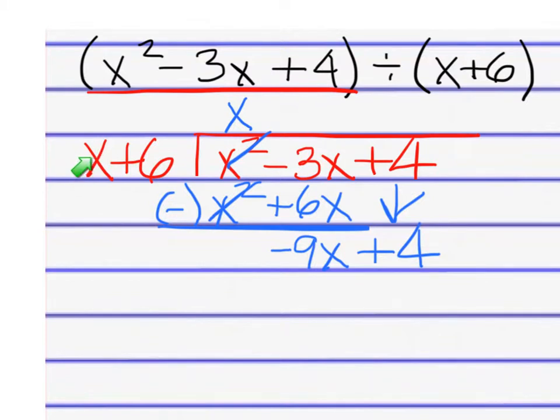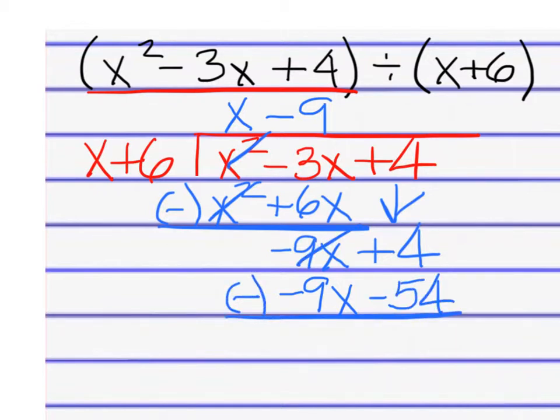What would I have to multiply x by to get a negative 9x? And that is a negative 9. Multiply this negative 9 by x and 6. Put the result here. A negative 9 times x is negative 9x, and negative 9 times 6 is negative 54.